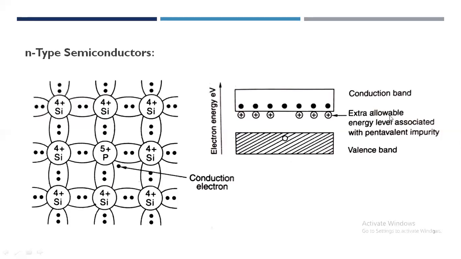These are the extra allowable energy levels associated with the pentavalent impurities. Pentavalent impurities means atoms having 5 free electrons in the outer orbit, for example, phosphorus. That's why it is called pentavalent, and it is used as a doping element.